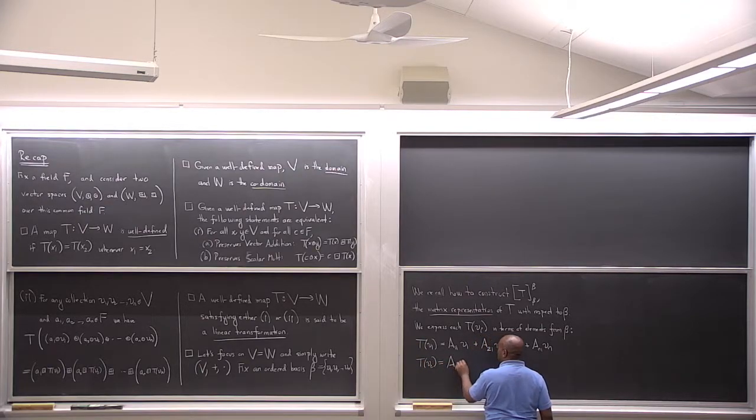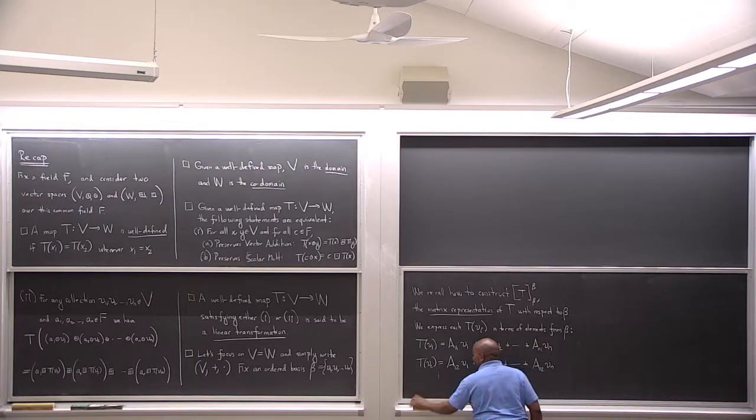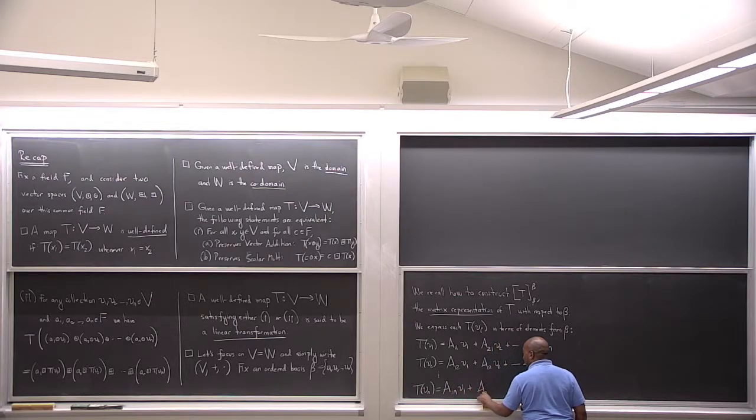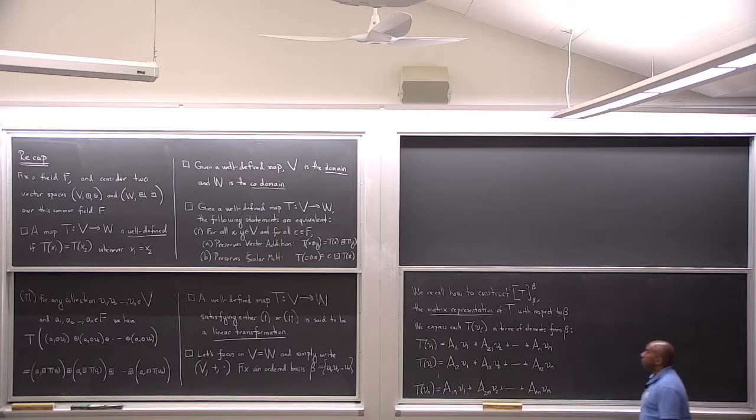So this is A12 V1, A22 V2, AN2 Vn, so on and so forth, all the way down through Vn. So this is perhaps A1n V1, A2n V2, and then ANN Vn. So again, I'm trying to express the image of each basis element in terms of our basis.